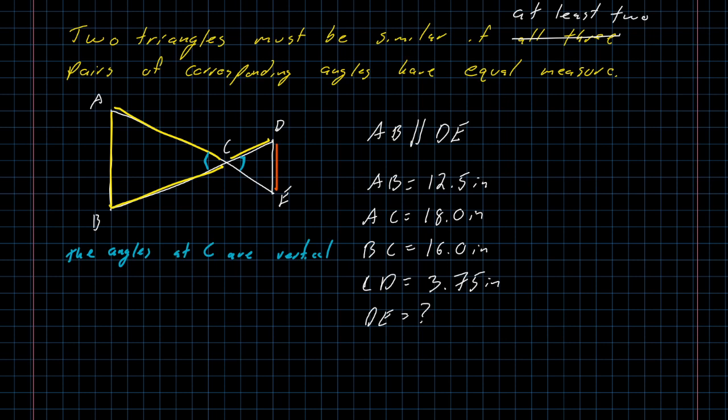Then I have two parallel lines which are cut by a transversal. Because of that, this angle and that angle are alternate interior angles. They are angles that will have the same measure because of parallel lines cut by a transversal.